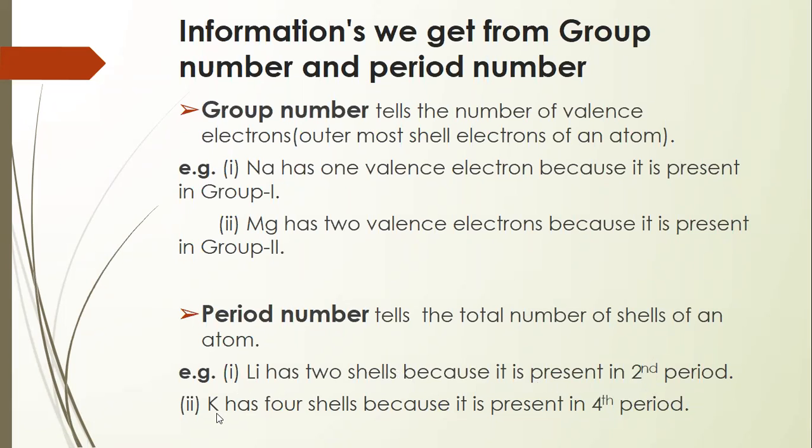Same thing, potassium has four shells because it belongs to the fourth period. We are saying that potassium contains four shells. Okay, hopefully you got some idea regarding this concept.